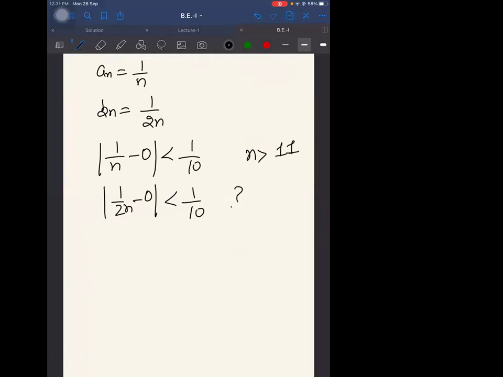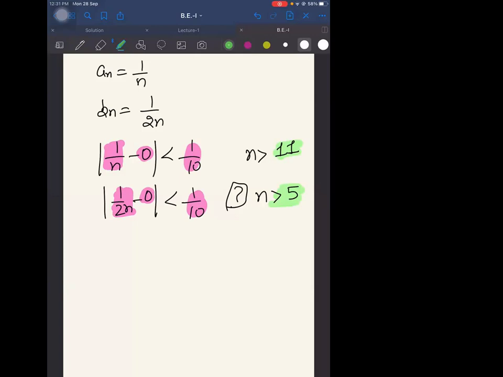And for 1 by 2n, n should be greater than what? 5. Yeah, 5. So there are two different sequences converging to the same limit 0, having the same challenge, but they may have different defenders. Is it okay?